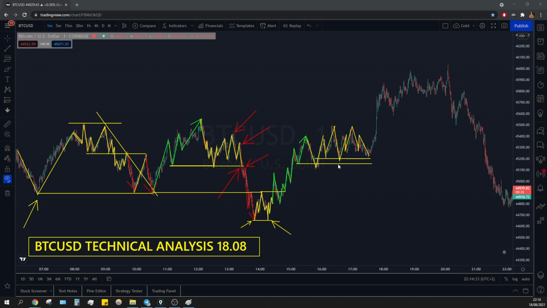So you're still in a bias because we had this impulsive break up, consolidation, and then of course price can either break down below these lows or above these previous highs.